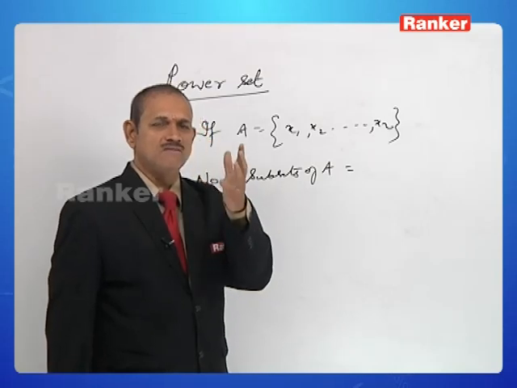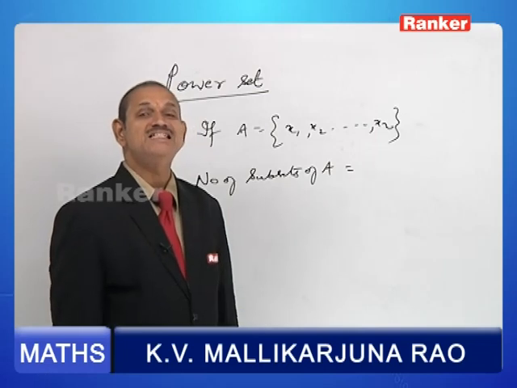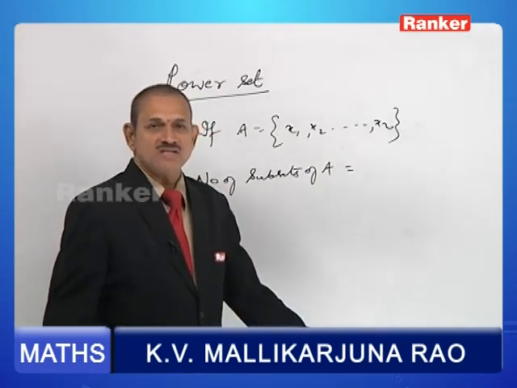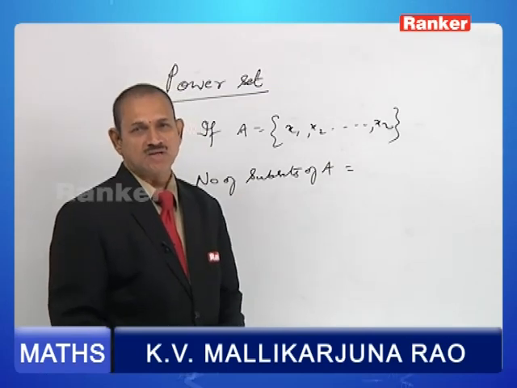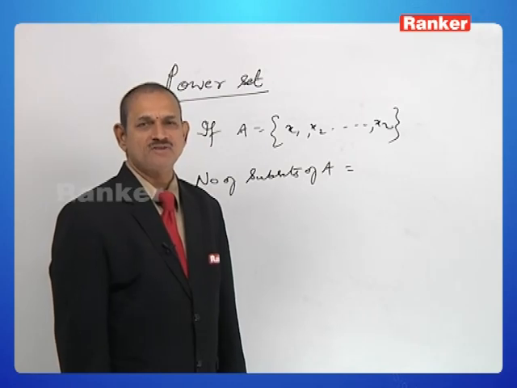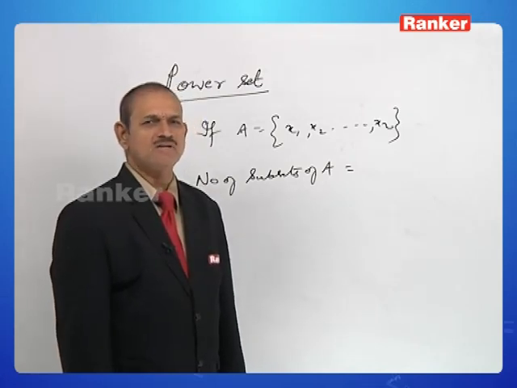What is that? The empty set. The number of subsets with 0 elements is nC0. As there are n elements, nC0 subsets with 0 elements. How many subsets are there with 1 element? nC1. How many subsets are there with 2 elements? nC2. How many subsets are there with 3 elements? nC3.